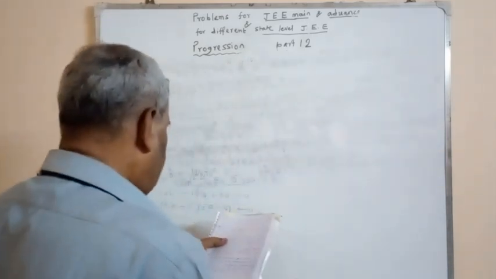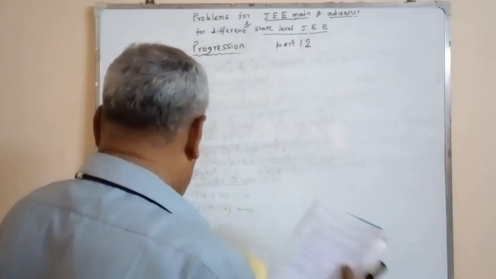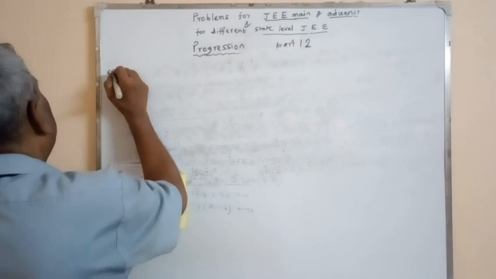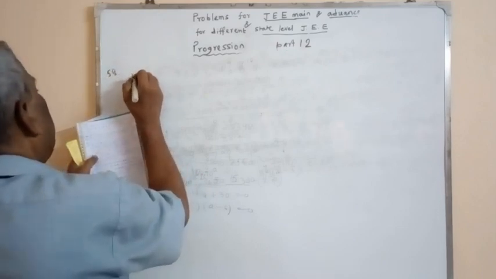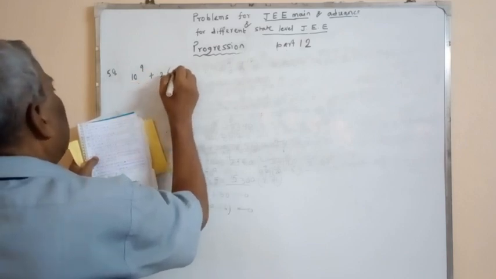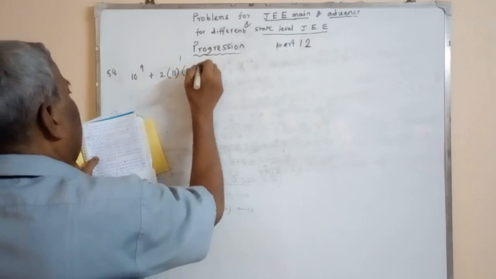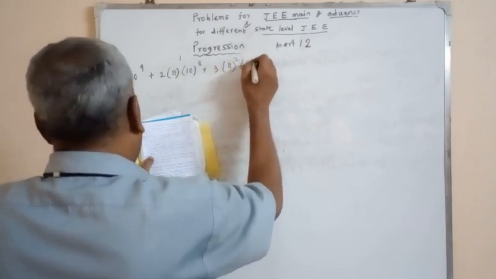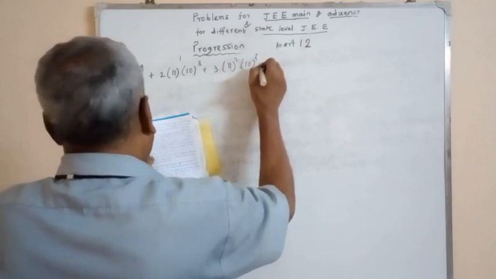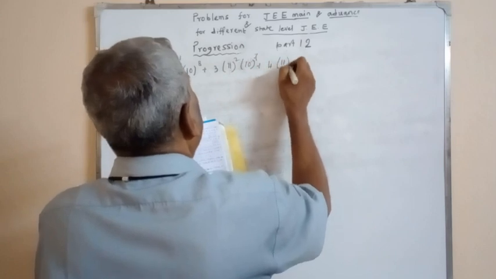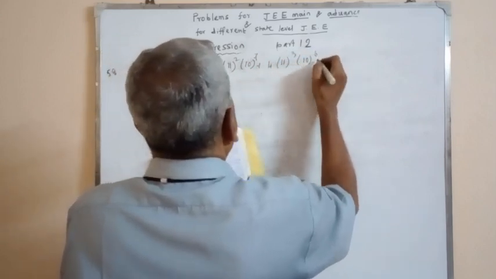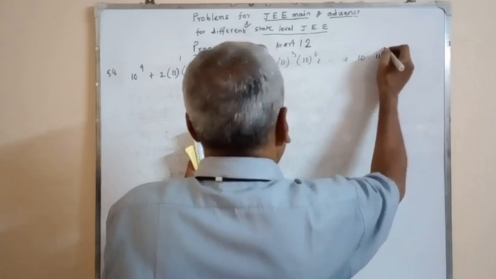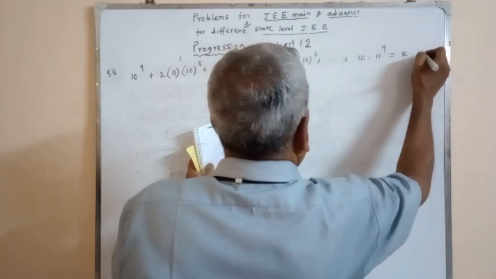Next problem is problem number 58. If 10 to the power 9 plus 2 into 11 to the power 1, 10 to the power 8 plus 3, 11 to the power 2 into 10 to the power 7 plus 4, 11 to the power 3, 10 to the power 6 up to 10 into 11 to the power 9 is equal to k into 10 to the power 9.